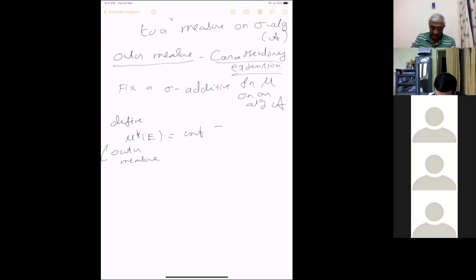The infimum of the summation n equal to 1 to infinity of mu of A_n, where A_n, from n equal to 1 to infinity, is a countable union.